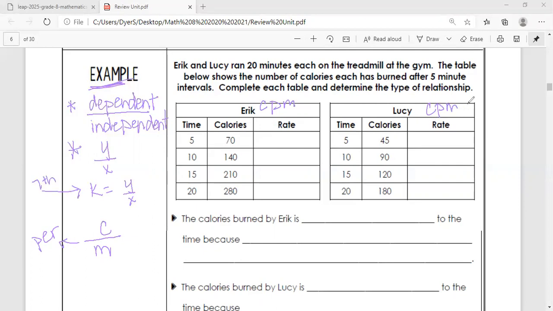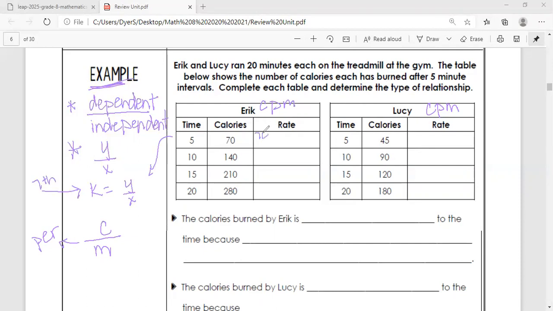Time is our independent variable. Virtually in every scenario that we have, time is going to be our independent variable. So that means we would do, and you remember this from 7th grade, that if you want to figure out if something is proportional, you do y divided by x, just like we had right here. Okay, so we can come back to this idea.